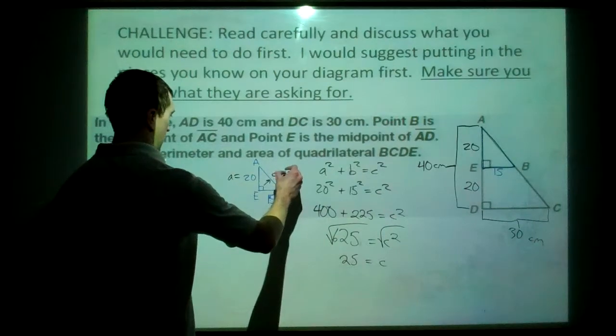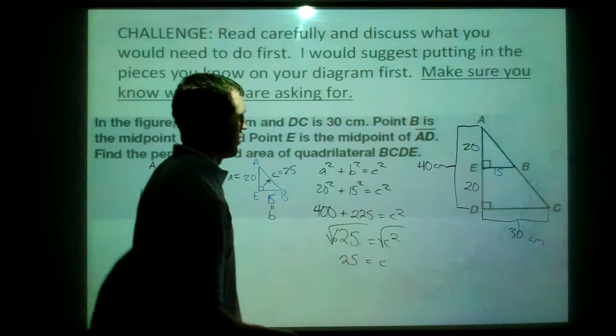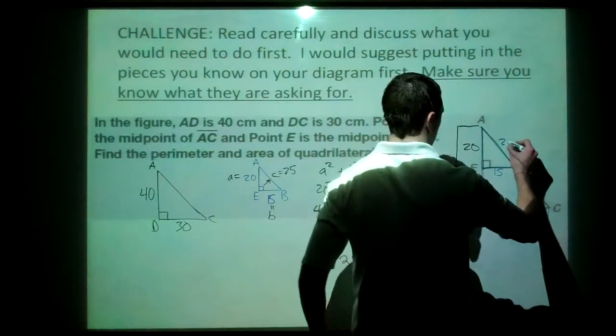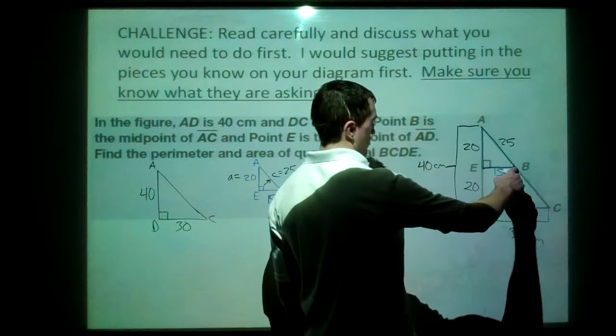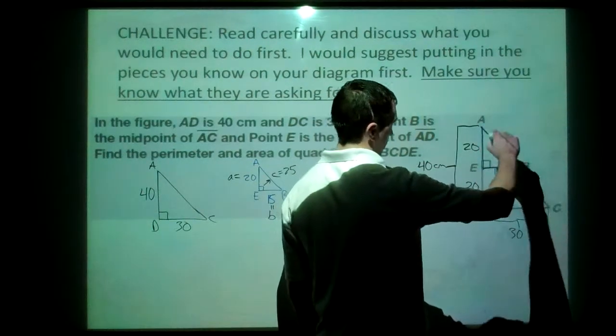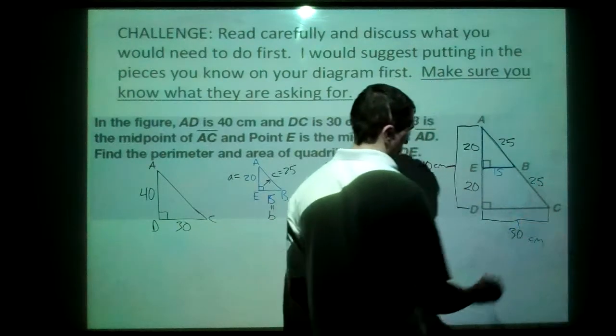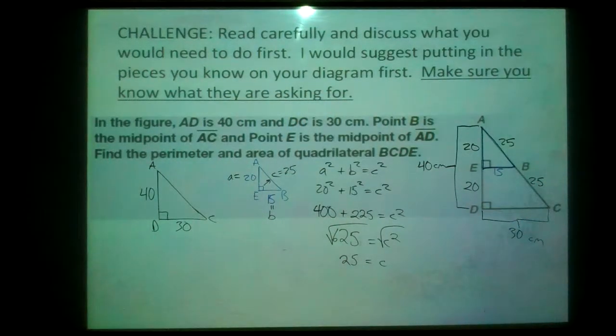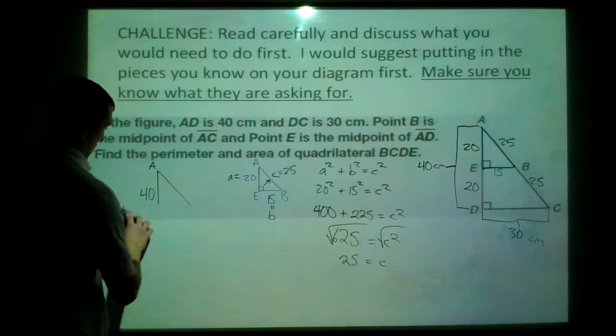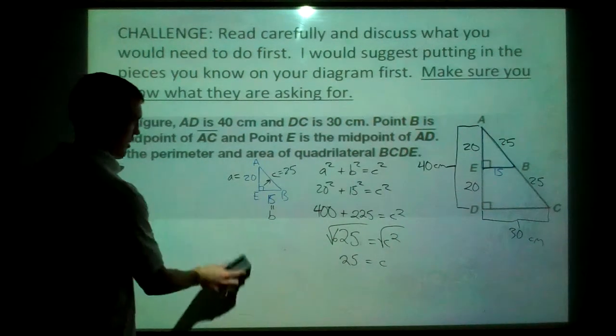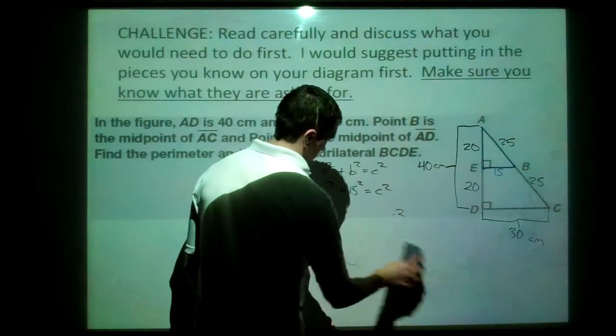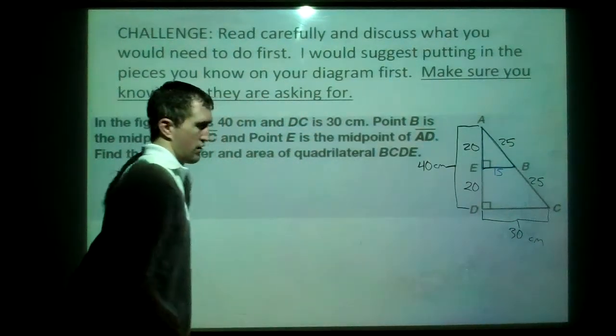So we finally figured out this length, 25. So that means this is 25. And since this is the midpoint of A to C, this is half the length. This is also 25. So a lot of work once again and some trickery there. And this is definitely a lengthy problem. That's okay. We're going to erase this stuff.